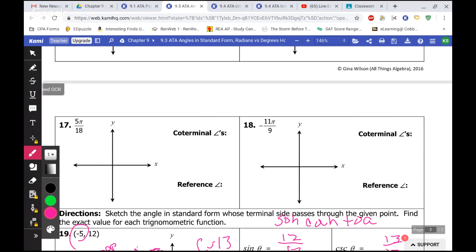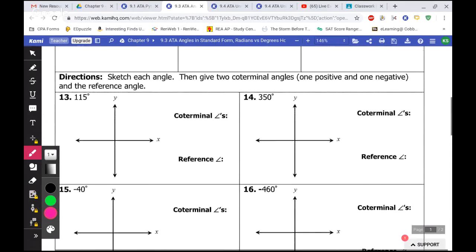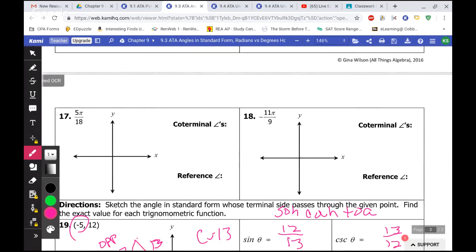So on number 7, let's see if I can remember the calculator way, because I kind of default to the other. How many angles are we supposed to give? Oh, give 2 coterminal angles, one positive, one negative, and then the reference angle. So 5 pi over 18.